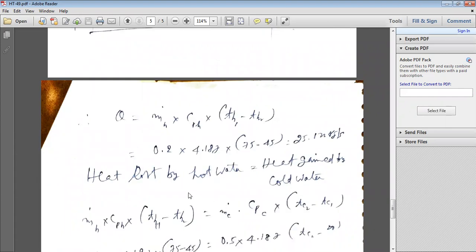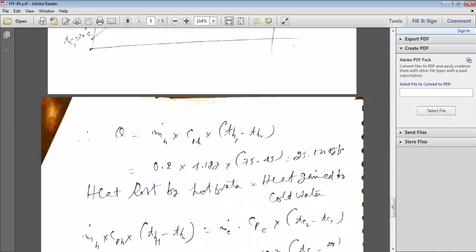Then heat lost by hot water, because hot fluid, hot water. Where is it going? That is the heat energy balance. From the energy balance in the heat exchanger, heat lost by hot water is equal to heat gained by the cold water.